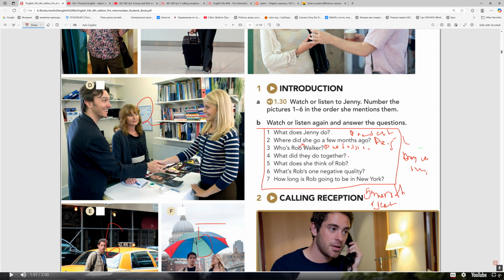Forbes. Yeah, closer. She works at Forbes. What is Forbes? Is it a newspaper or a magazine? Do you see these books? What do we call these books with a lot of pictures? Newspaper. It's not a newspaper.